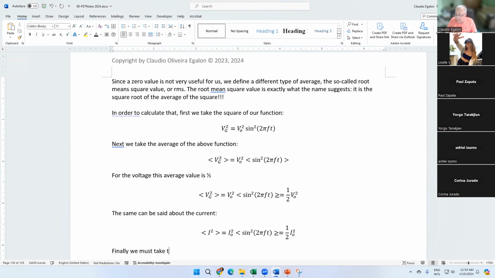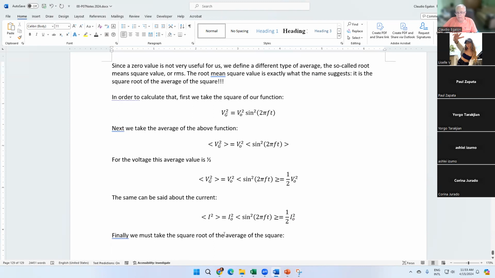We must take the square root of the average of the square.